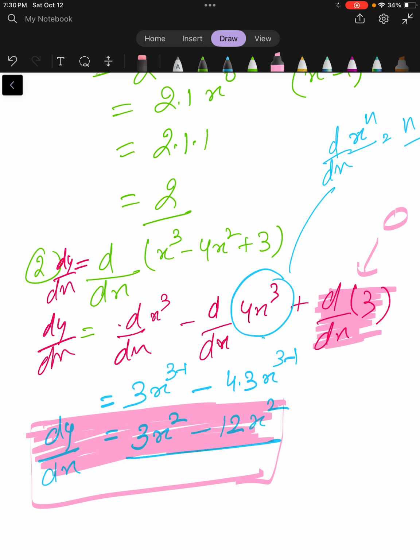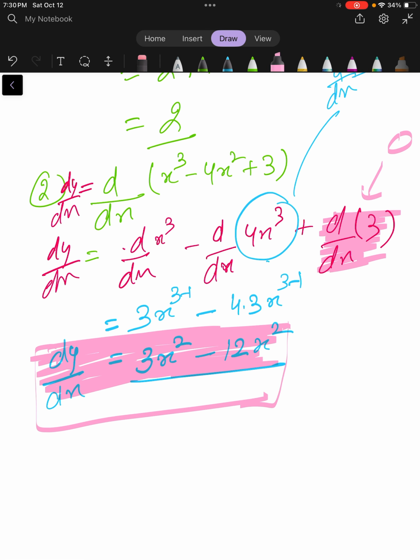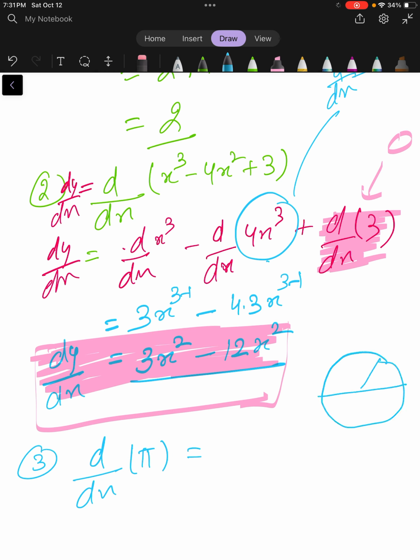So these are the examples for practice. I will give you more examples for practice. One more last small question to recap: what is the differentiation d upon dx of pi? Not 180. In terms of a circle, if we talk about the angle theta, it will be 180.